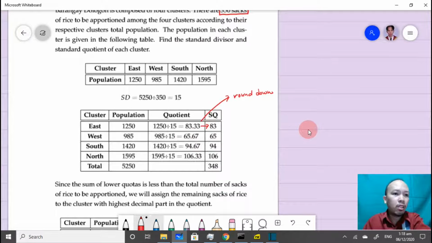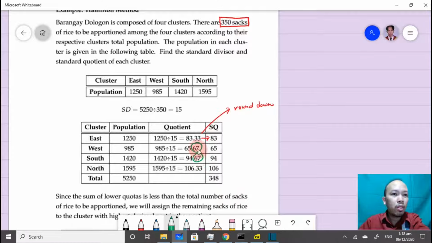You only need 2 because you have 350 seats and we have 348 here. So as you can see, you add 1 here: 65 becomes 66, and 1 plus 1 here. So the total would be 350 now.